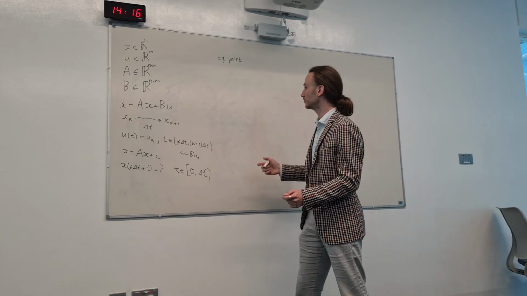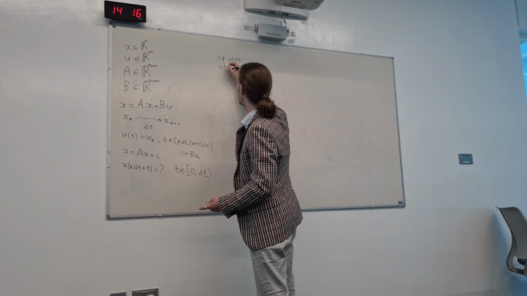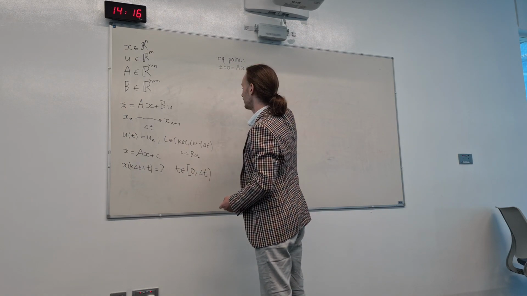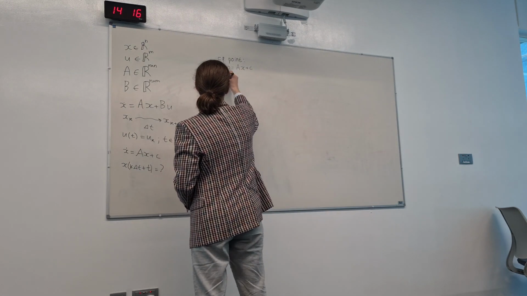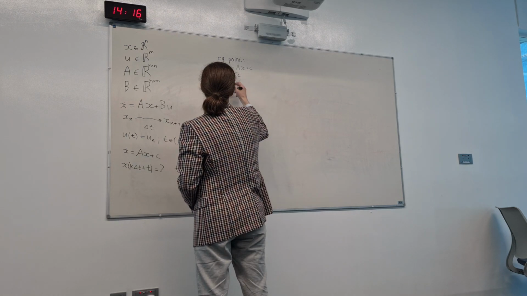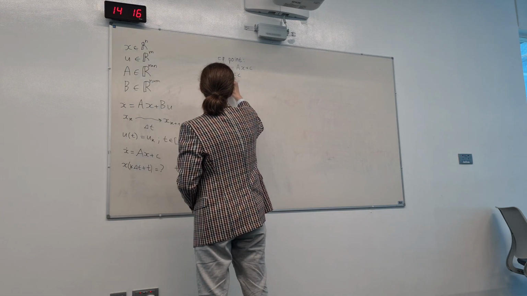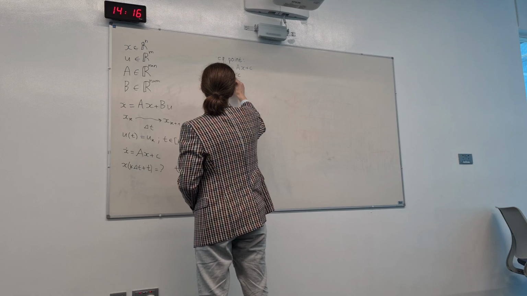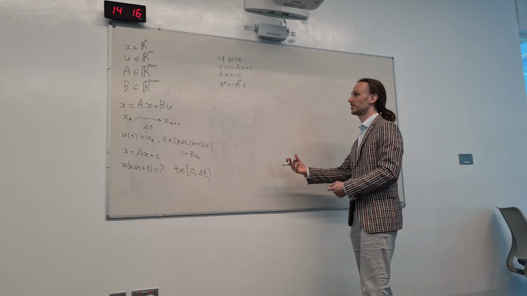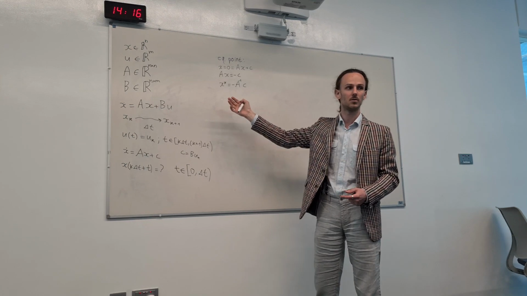So at the equilibrium point, x dot equals 0, and at the same time it is equal to Ax plus c. We can rearrange this and get Ax equal to minus c, or, if the matrix A is invertible, which we will assume it is, x star is equal to minus A inverse c. So I state that if our system is in this state, it will not go anywhere. It's the equilibrium point.